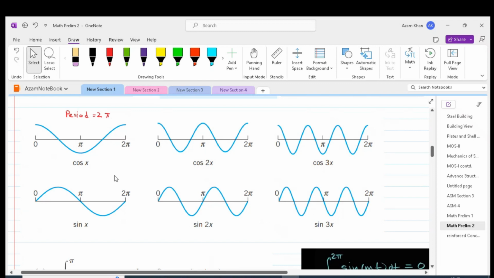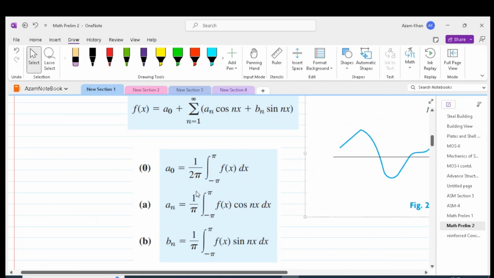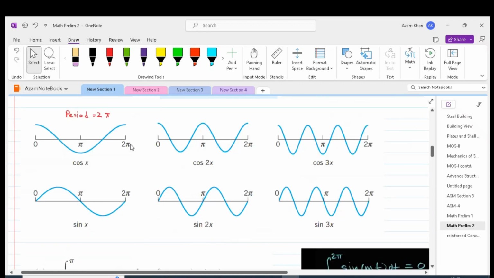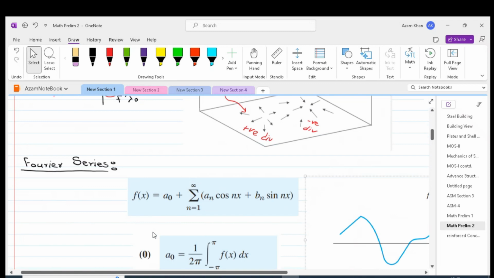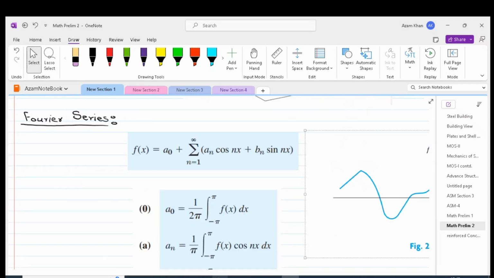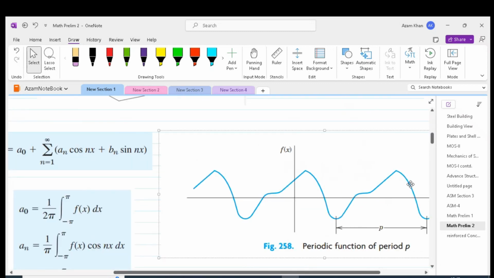So we are approximating our unknown function by a series of these sine and cosine functions. In addition to that, we have a baseline constant which will be the average value of the function.